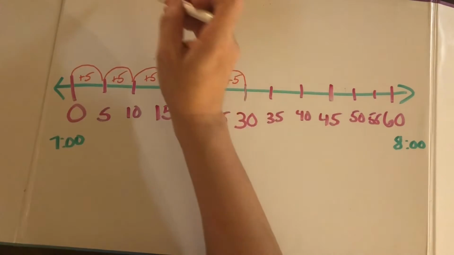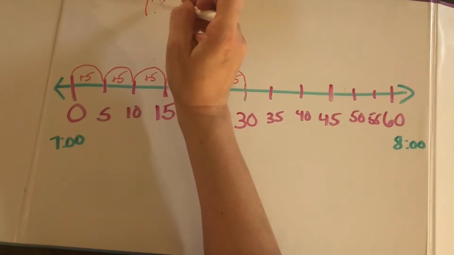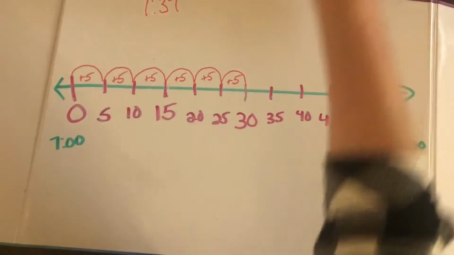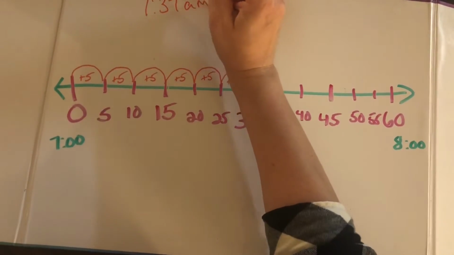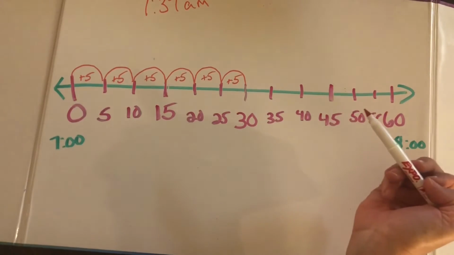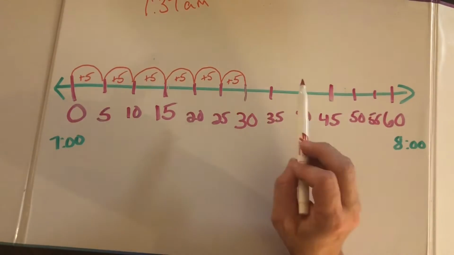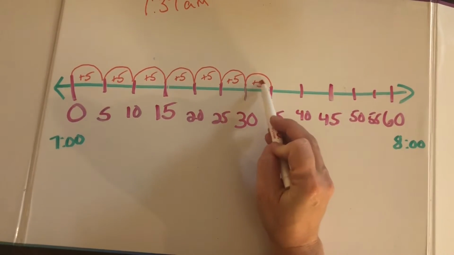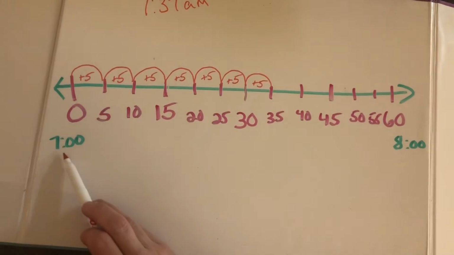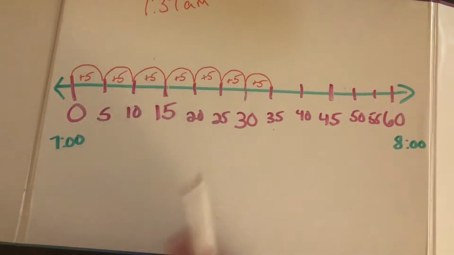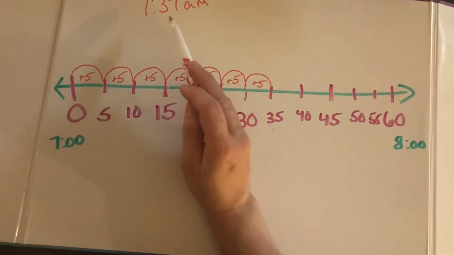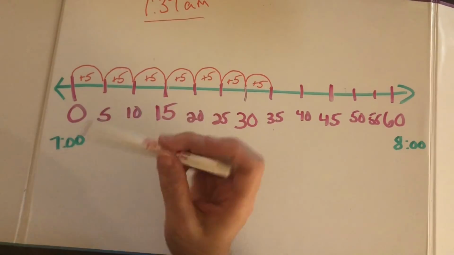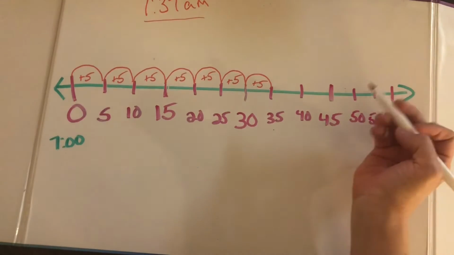Remember that I started my day at 7:37 a.m., not p.m. So should I jump another 5 or will that go too far? Well, if I jump one more 5, I will land on 35. 7:35. And that is less than 7:37, so I know I can keep going.